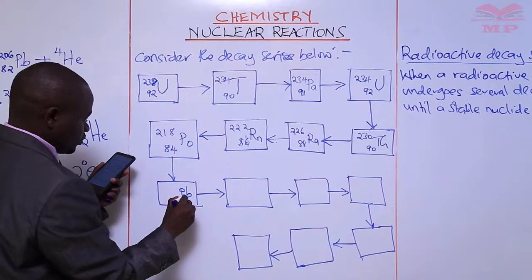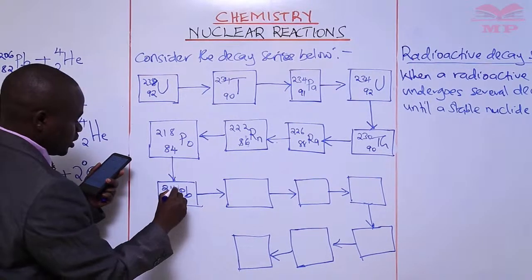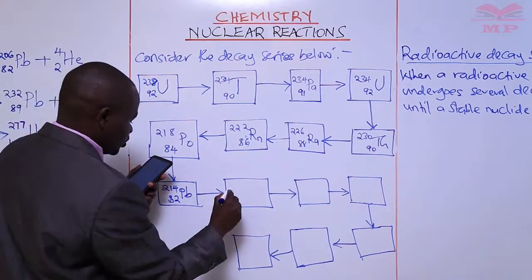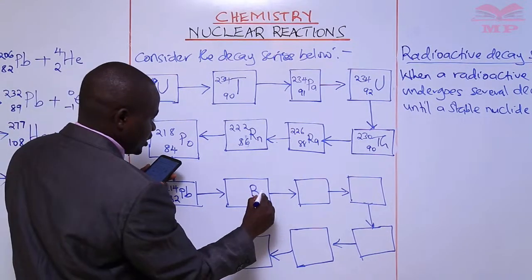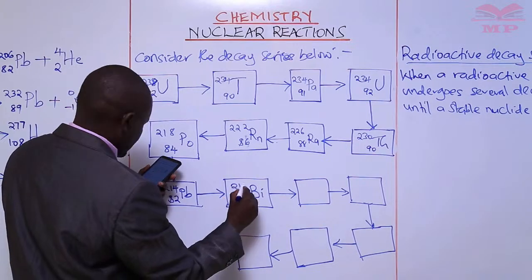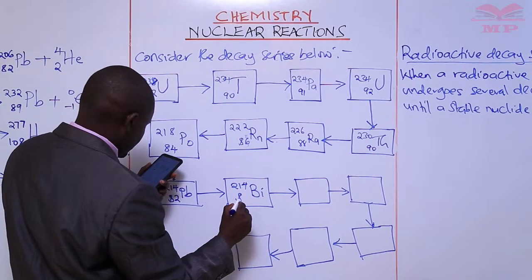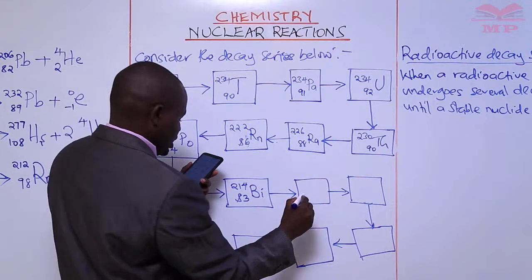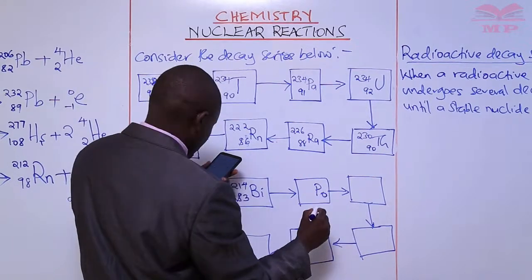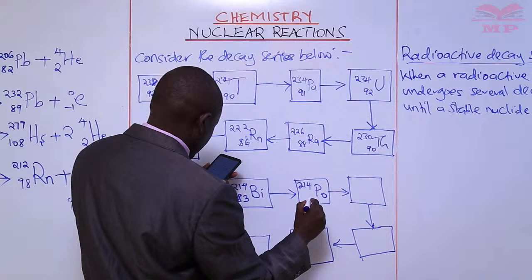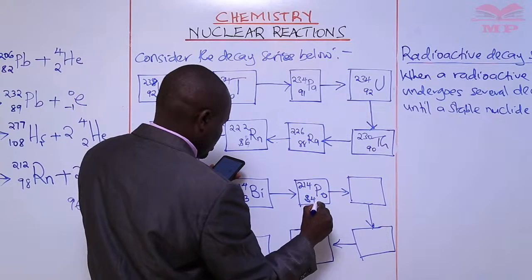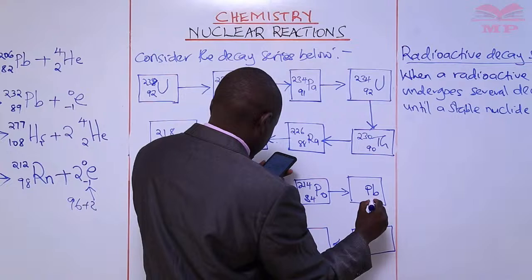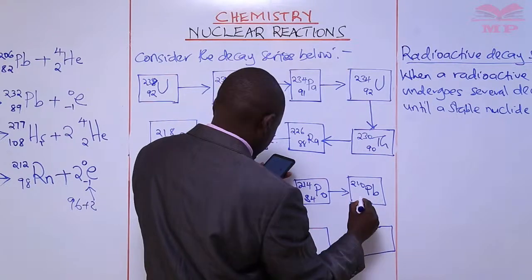This one undergoes further decay once again to produce a new one, mass number 214, atomic number 82, which also undergoes further decay to produce a new one, mass number 218, atomic number 283. Further decay to produce a new mass number 214, atomic number 84. Further decay, you get a new nuclide, mass number 210, atomic number 82.